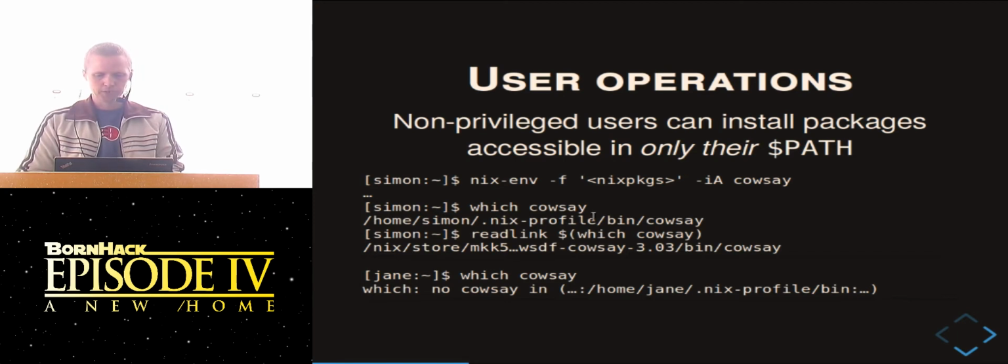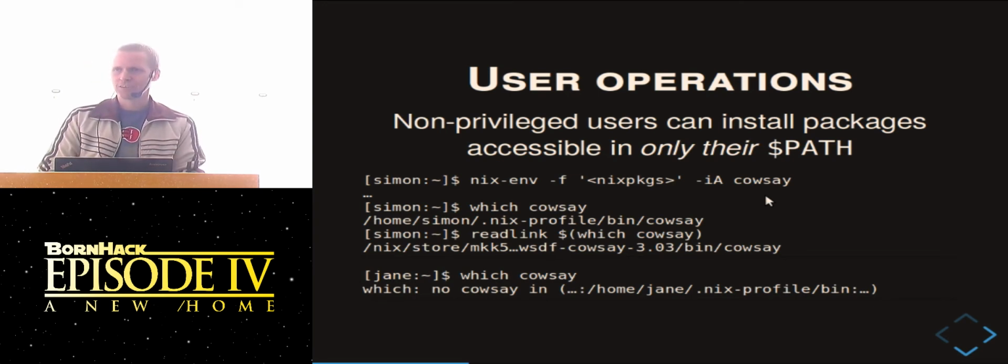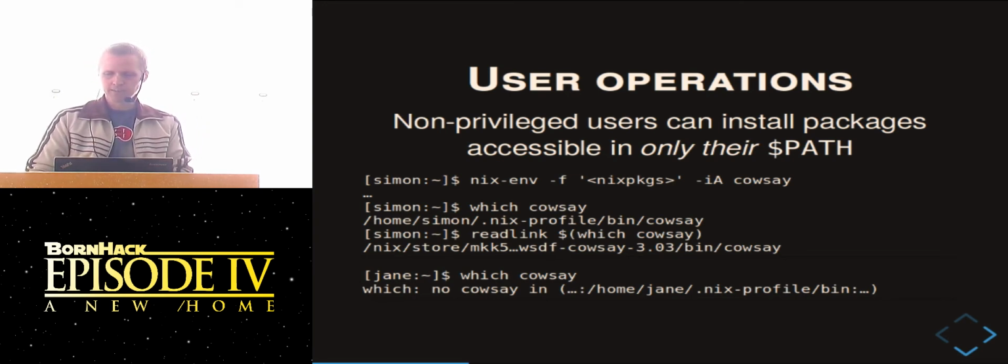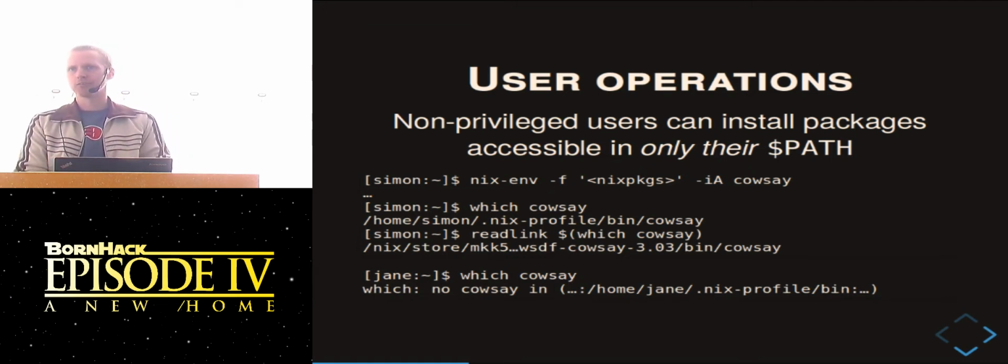So if Simon tries to install a cowsay version with some kind of hack or vulnerability, it will only install in his environment. If Jane tries to install cowsay, she'll get the vanilla cowsay version without the vulnerability. And hence the safety of user operations.